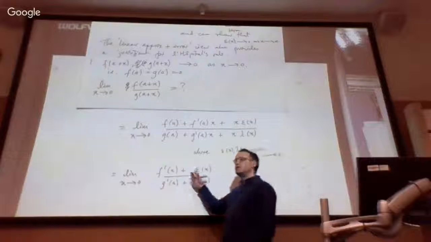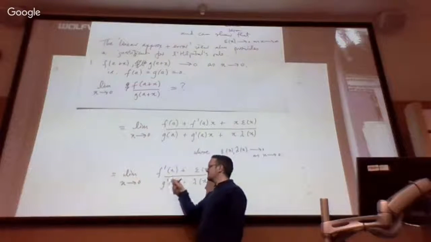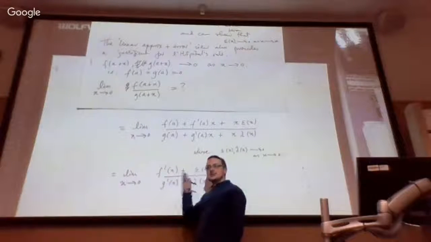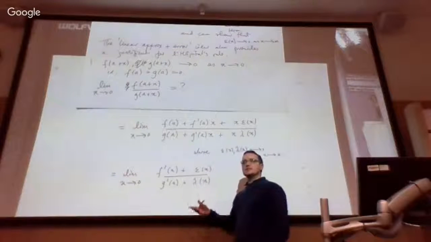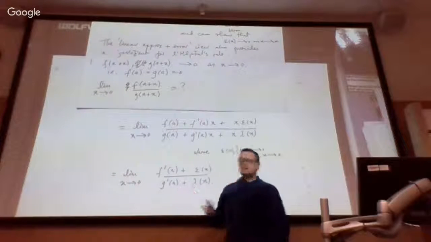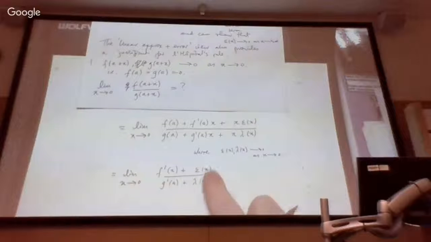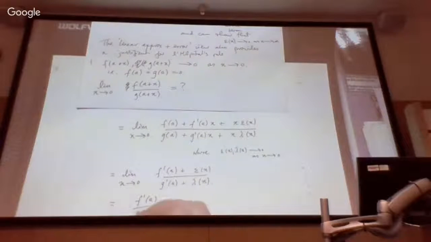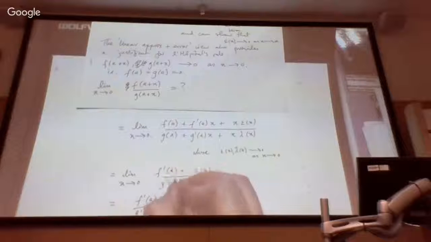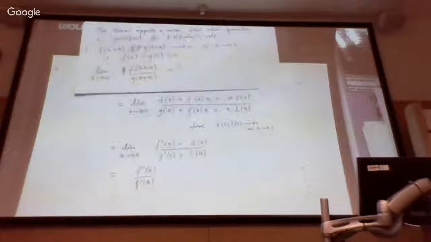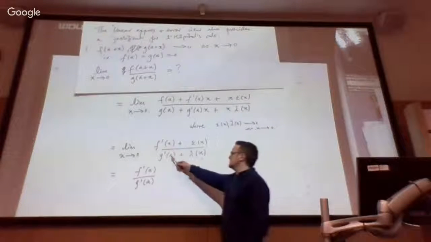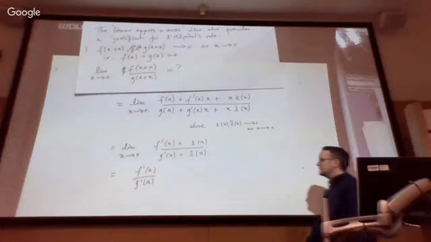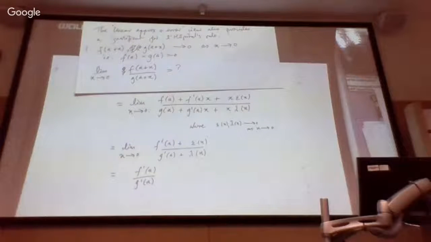And to that we can apply, assuming these two derivatives are non-zero, the algebra of limits theorem, because epsilon is converging to 0 and lambda is converging to 0. So this will be equal to f prime a over g prime a, because these terms no longer depend on x now. The derivative of f at a, the derivative of g at a, they no longer depend on x.